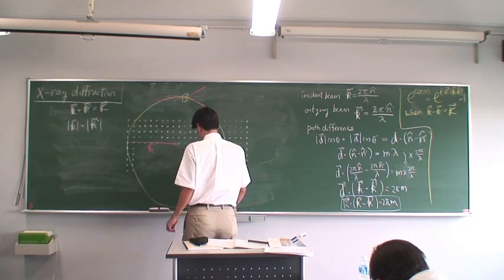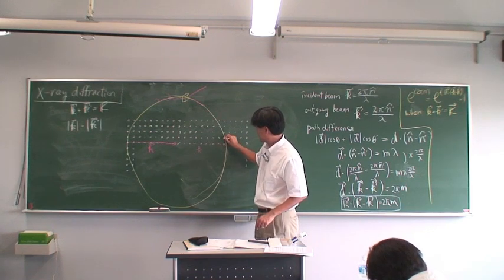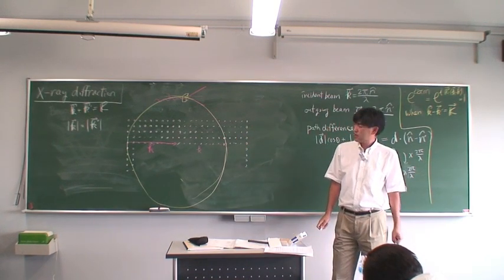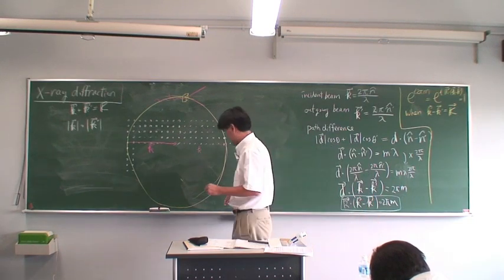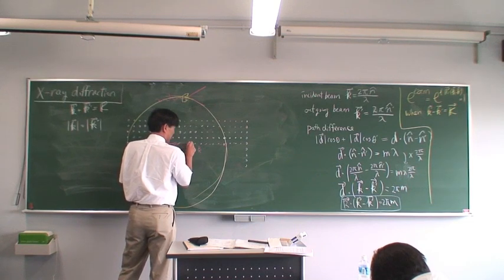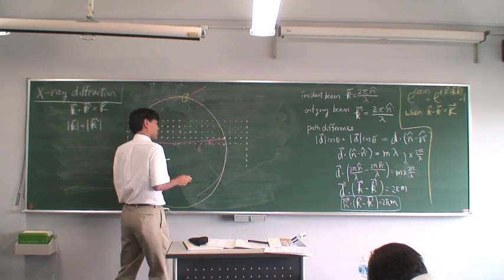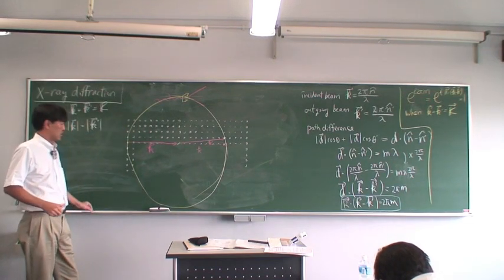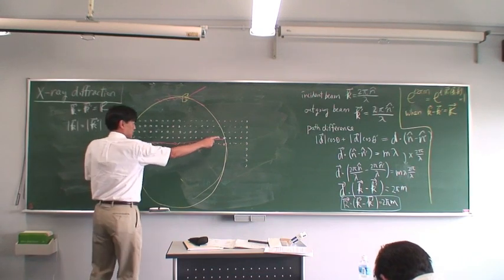And this particular point intersects with the sphere. What this means is that if I choose K prime in this direction, then K plus K prime is a reciprocal lattice vector.